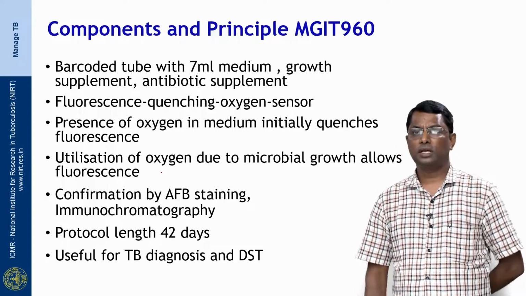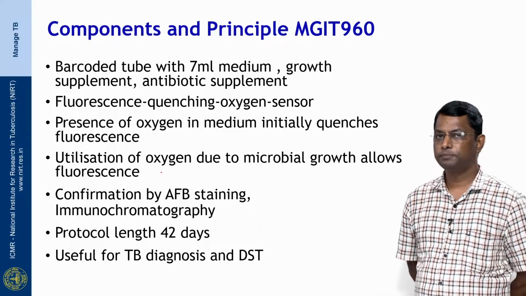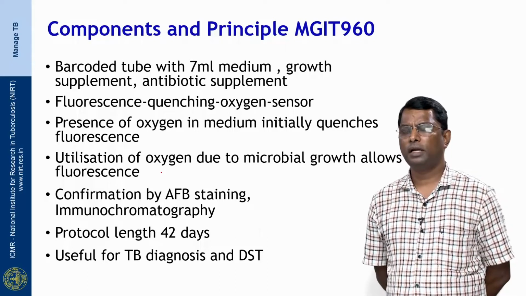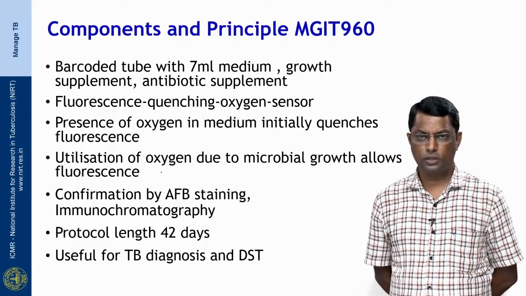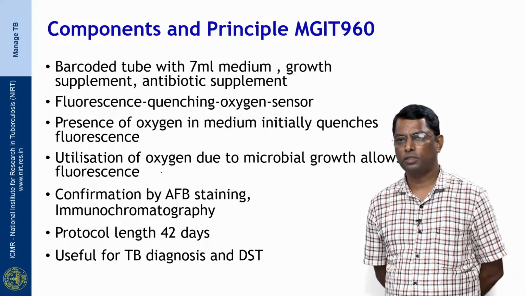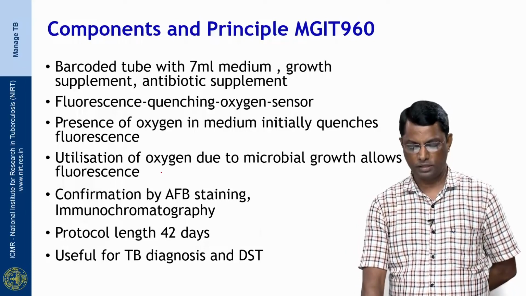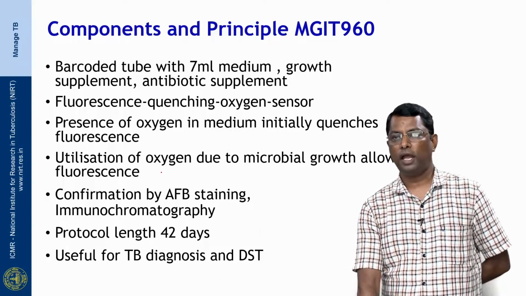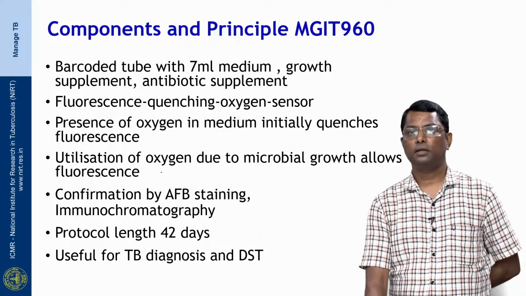So, this 7 ml medium contains fluorescence quenched oxygen sensors. Oxygen is present in the medium, and it quenches the fluorescence. So, when this oxygen is utilized as a particular microorganism grows, the fluorescence is released. Once the fluorescence is released, at every reading which is done every hour, we can detect the growth.